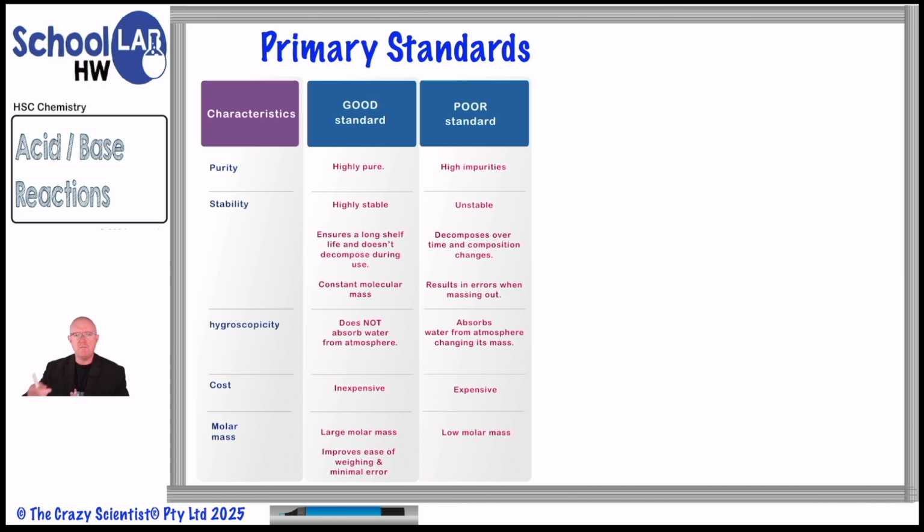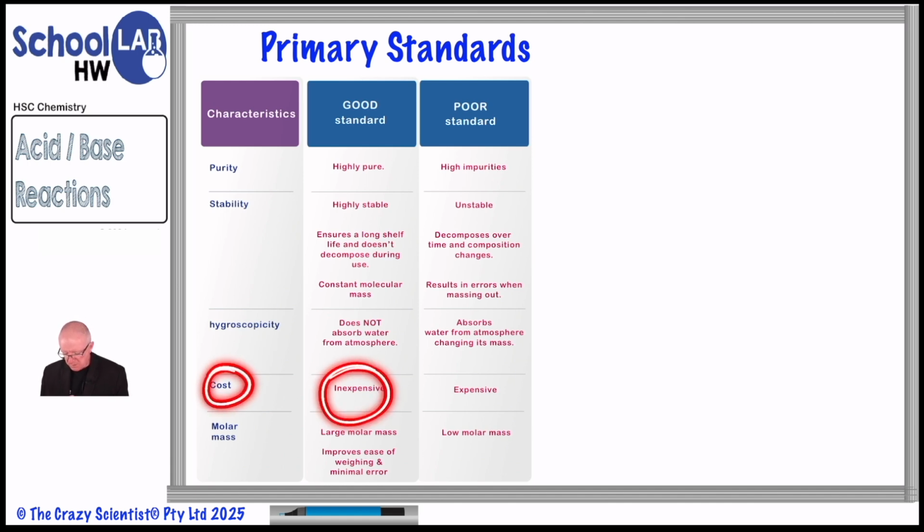You want to make sure that when you mass it on the scales that you are only massing that compound in the molecular formula for your primary standard. You don't want there to be attached water that is going to affect the mass and therefore the number of moles and therefore the concentration of your primary standard. So we want to choose something that is very resistant to reacting with water in the air.